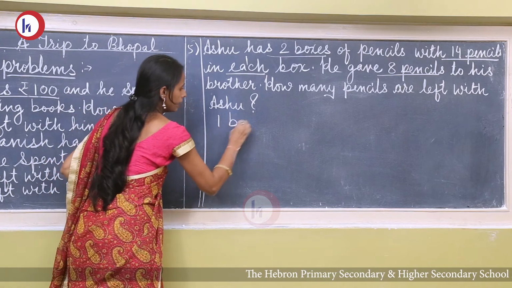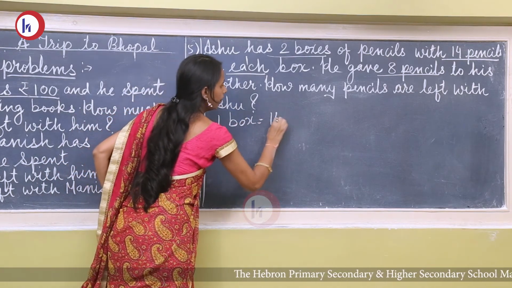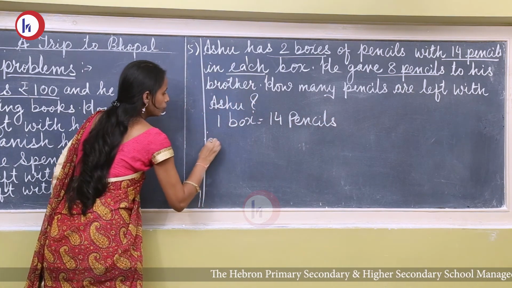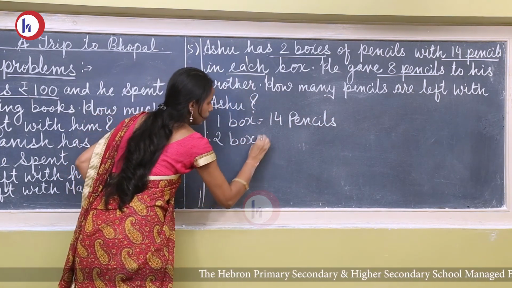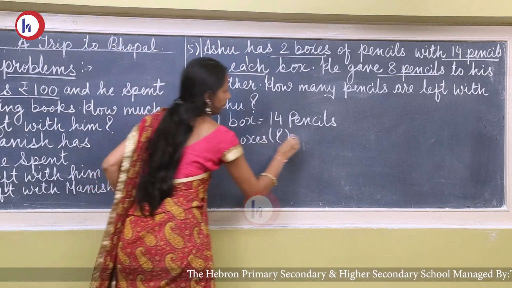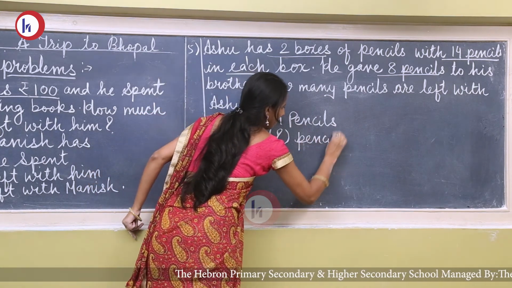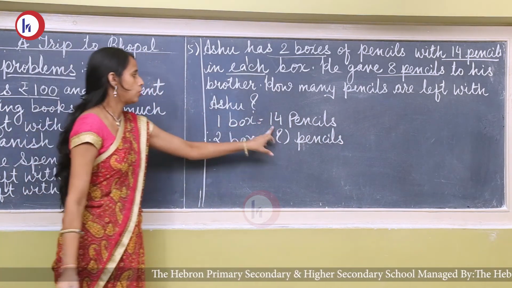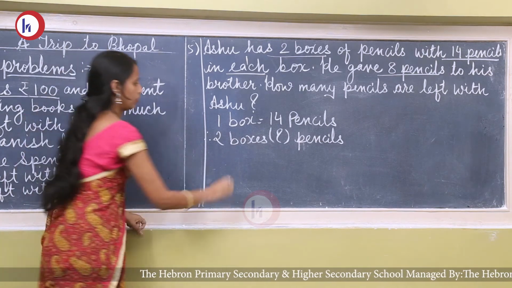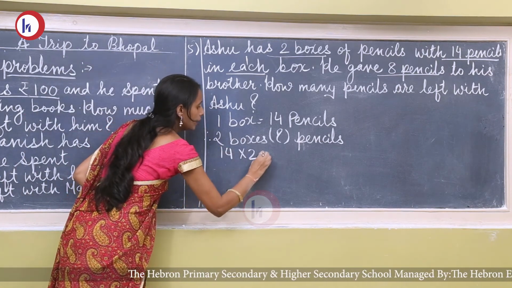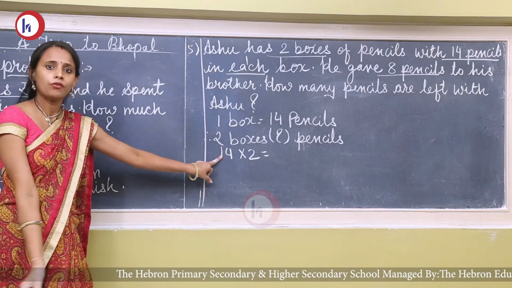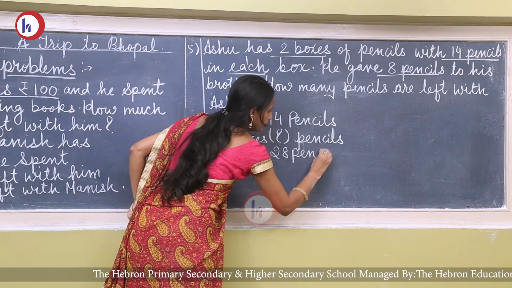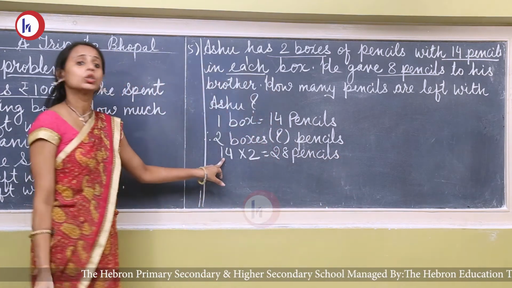So one box is equal to 14 pencils. So 2 boxes, how many pencils? 1 box, 14 pencils. 2 boxes, so here we will do multiplication. 14 multiplied by 2. 14 ones are 14, 14 twos are 28. 28 pencils are there in 2 boxes.